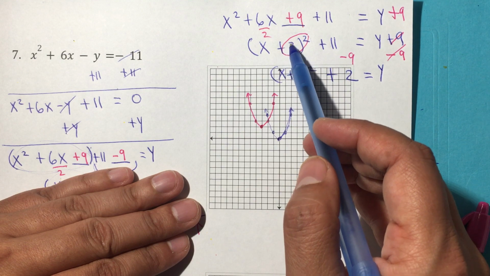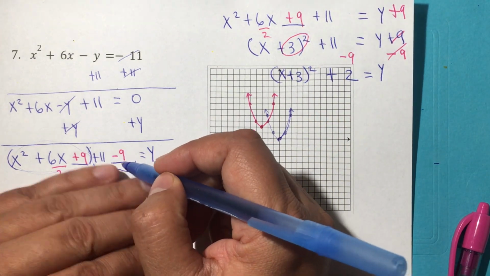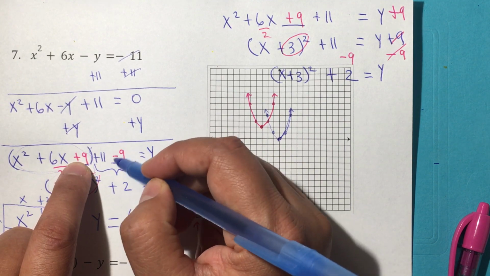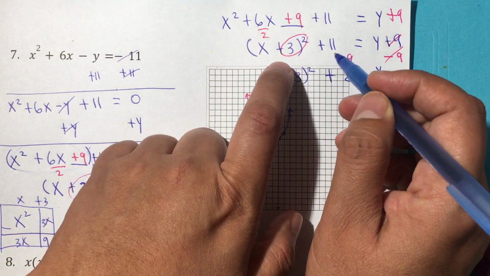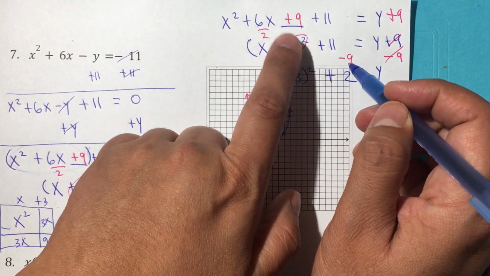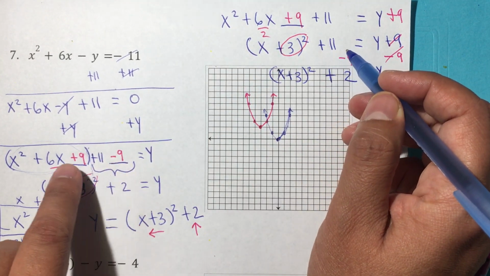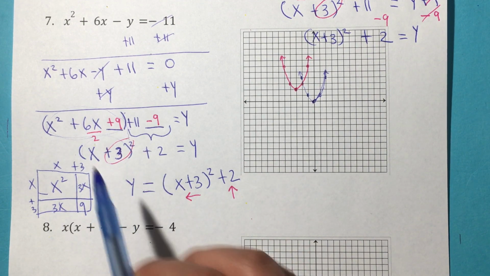Whatever you add to one side, you add to the other, or you just add 0 in here by adding the 9 and the -9. You are adding 0, so you're not changing or manipulating that part.